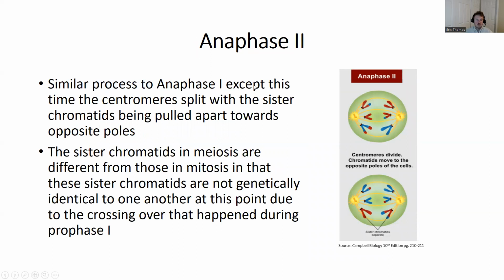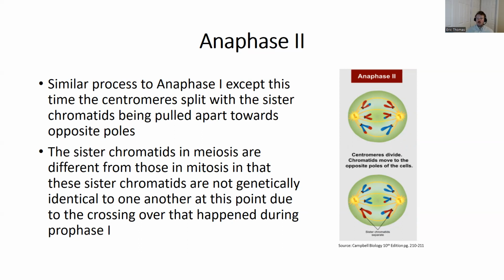Again, similar to anaphase 1, except this time, the centromere is split with the sister chromatids being pulled apart towards opposite poles. In anaphase 1, when the homologs were being pulled apart, the centromeres were still held together by a protein complex that, again, we're not going to get into the biochemistry of, but they were still held together because there were still two sister chromatids on each chromosome.